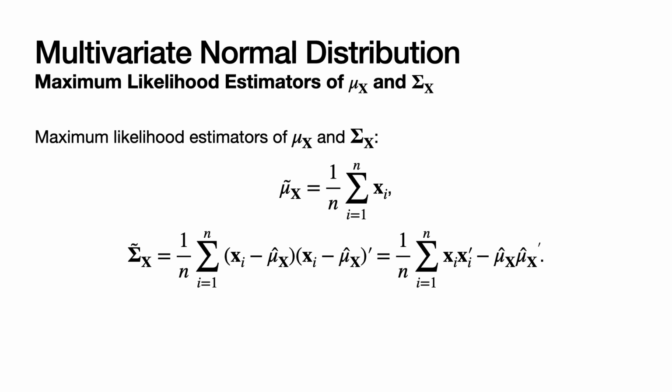So x sub i minus mu hat sub x times the transpose of that same difference. Now it turns out, if you do the calculations, that that is equivalent to 1 over n times the sum, i going from 1 to n, of x sub i times the transpose of x sub i, and then minus mu hat sub x times the transpose of mu hat sub x.